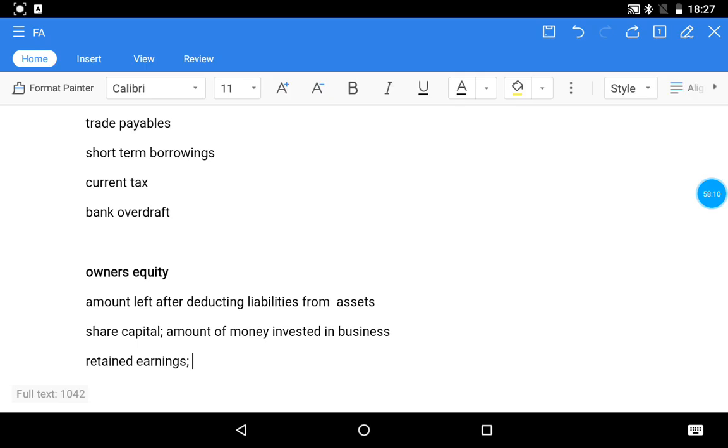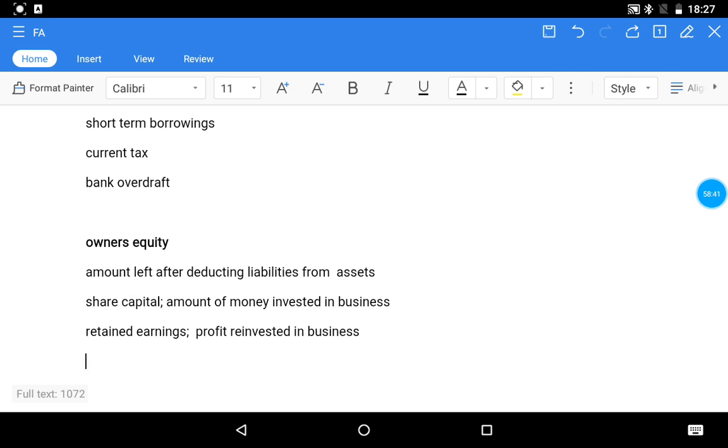Then also we have net profit. Net profit is the amount of money left after deducting total expenses from total revenue or total income.